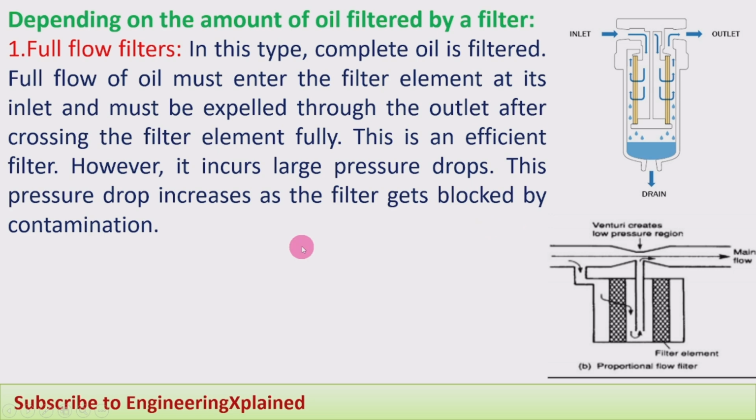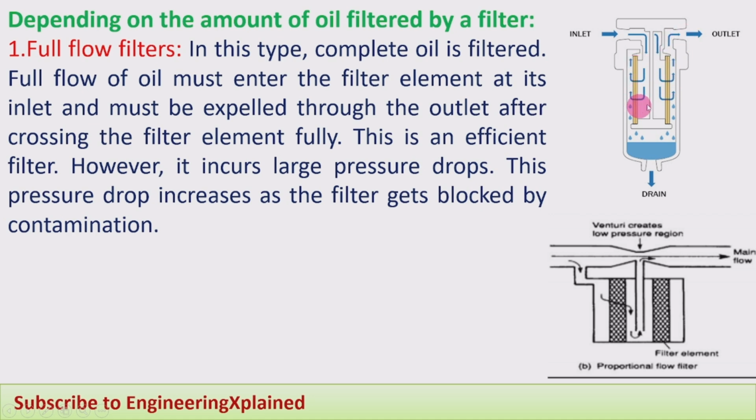Here are the difficulties associated with that. The pressure drop will occur when the filtering material is blocked by the contamination. At the inlet, the contaminated fluid enters, and due to the pressure, the filtered fluid moves through the outlet line.